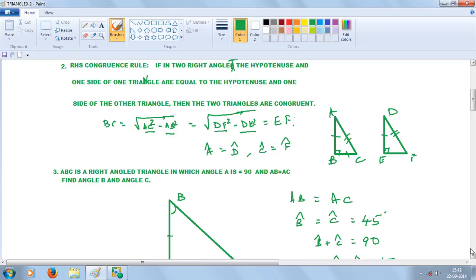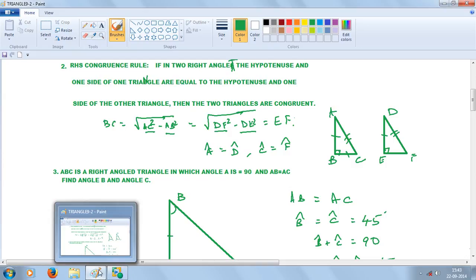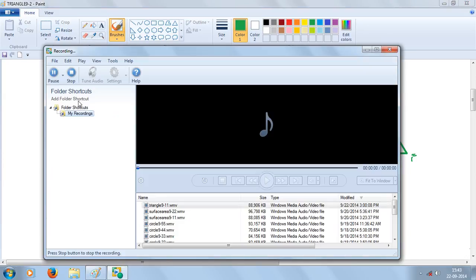In a right angle triangle, if the hypotenuse and one side of one triangle are equal to the hypotenuse and one side of the other triangle, then the two triangles are congruent. So these two are the main matters. Thank you for listening patiently. Please go through the problems again, and thank you.